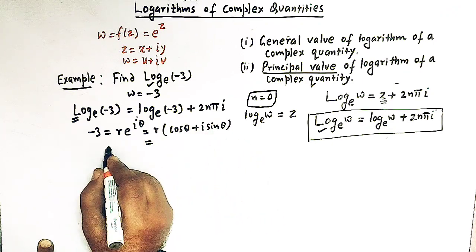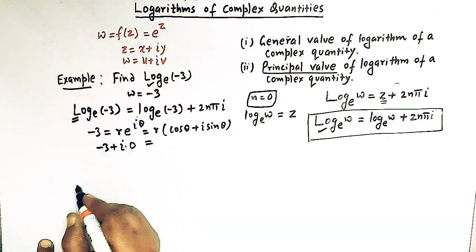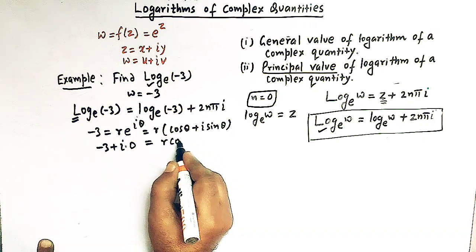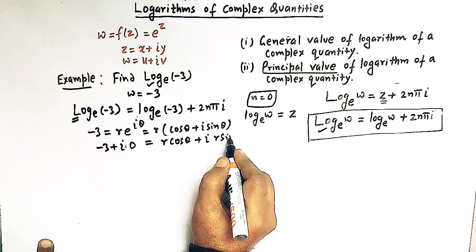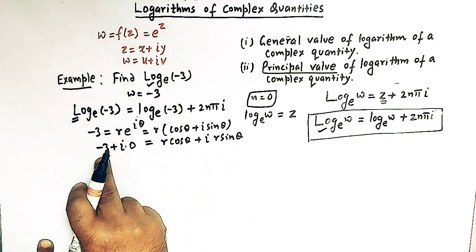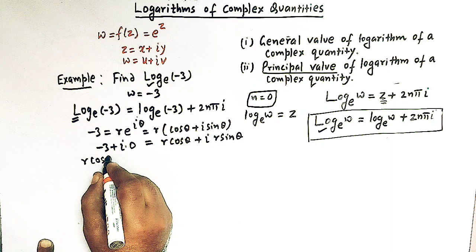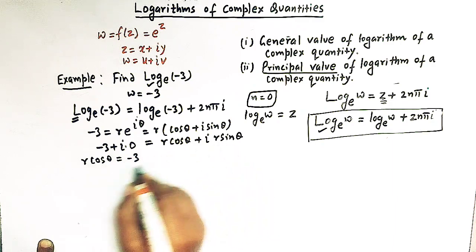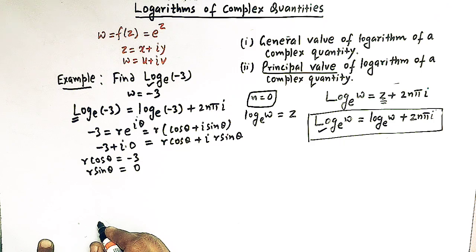And here we can write minus 3 plus iota times 0, and here we have r cos theta plus i r sine theta. So comparing the real and imaginary parts on both sides, we have r cos theta is equal to minus 3 and r sine theta is equal to 0, right?